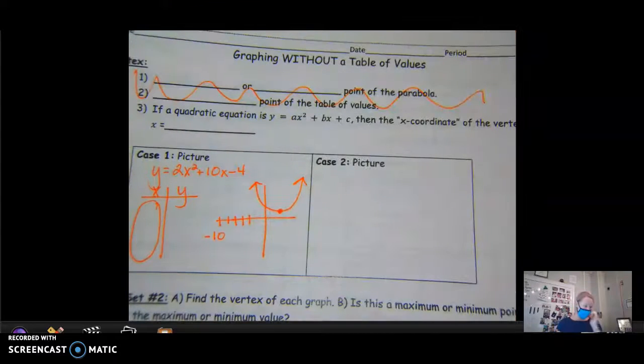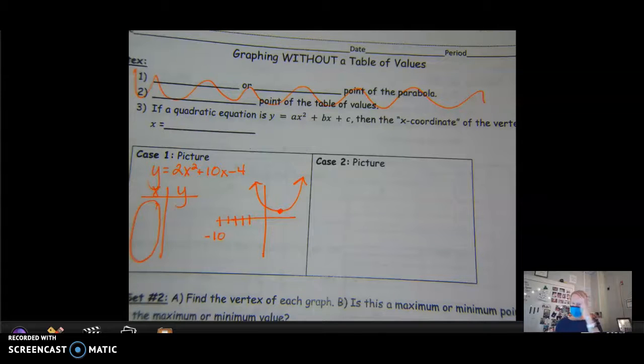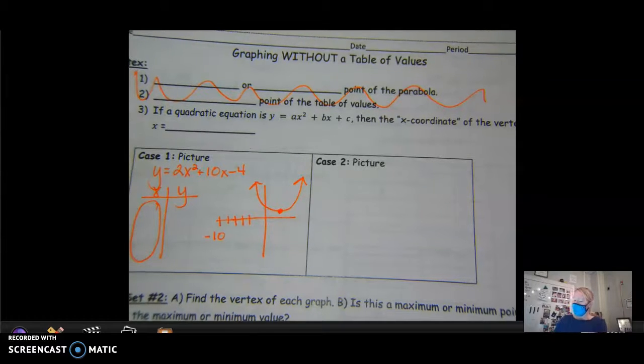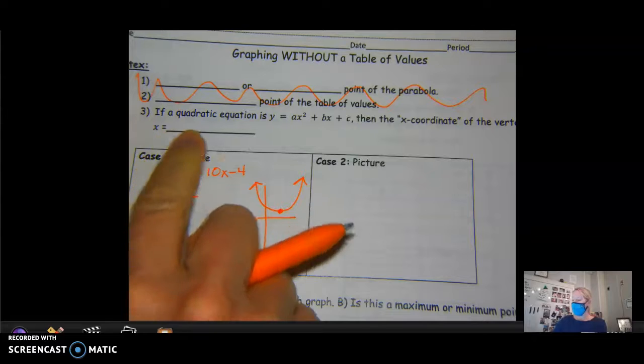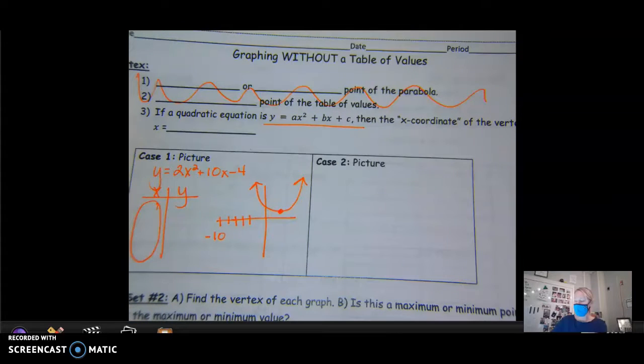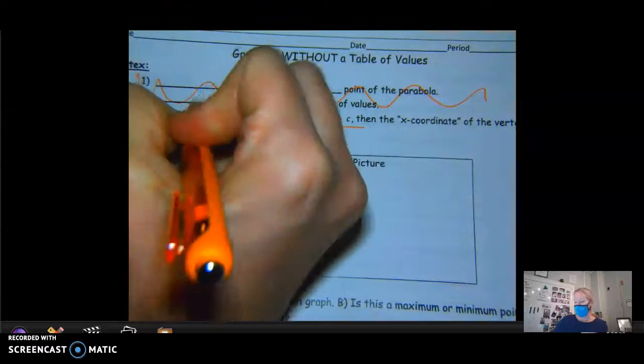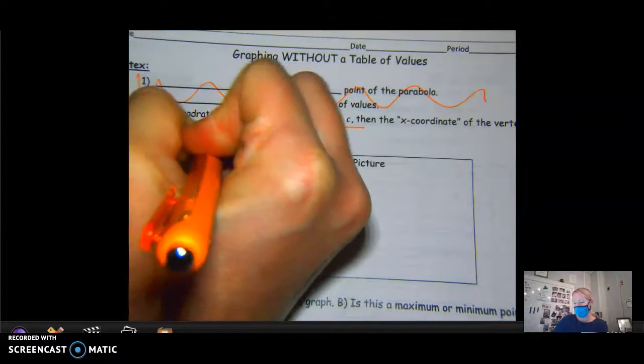Cross through number 1 and number 2 up top. So, in order to do this, if a quadratic equation is in this form, ax squared plus bx plus c, then the x-coordinate of the vertex is equal to negative b over 2a.